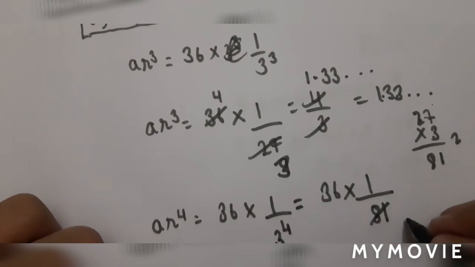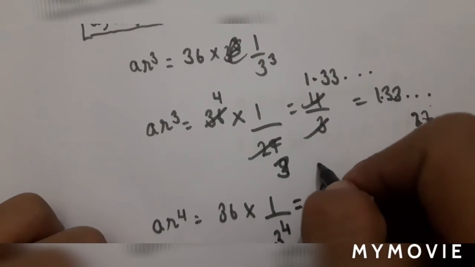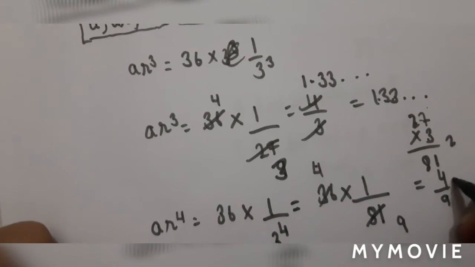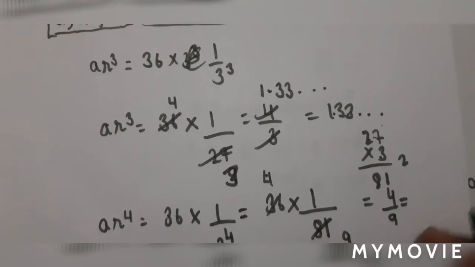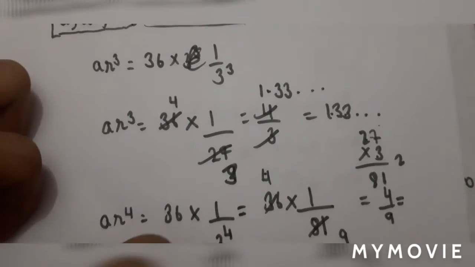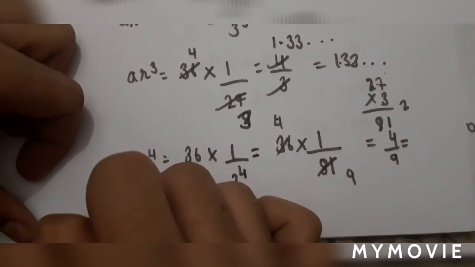If you cancel, 9 nines are 81, 9 fours are 36, you will get 4 by 9. While dividing, you will get some answer. You can check it.